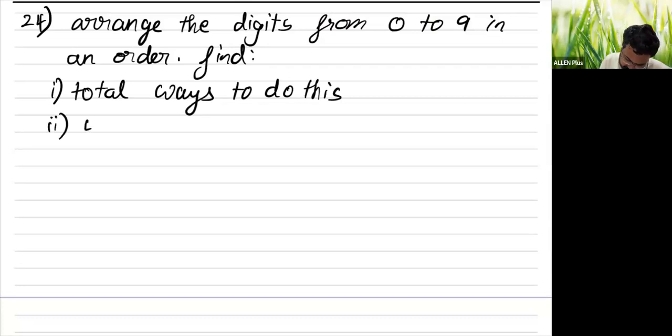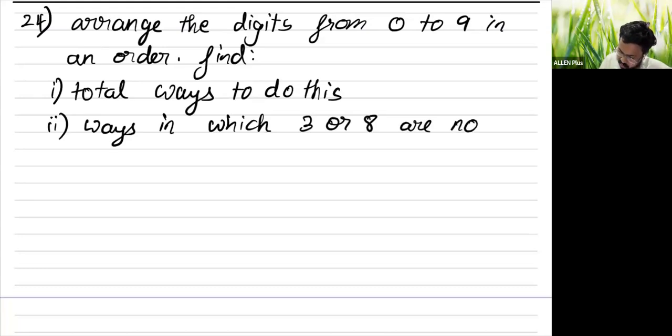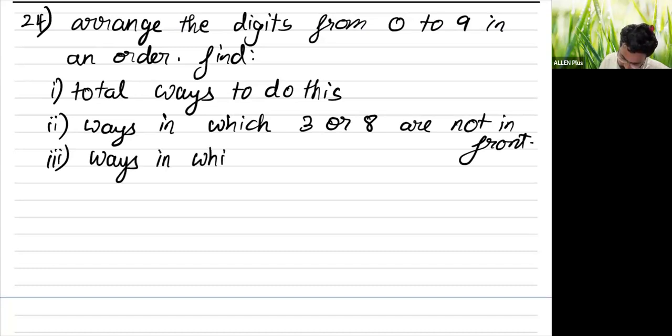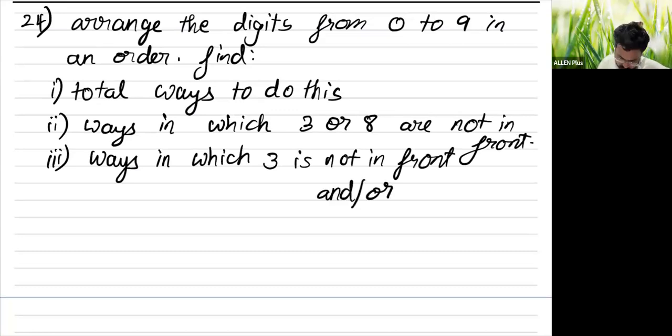Second, the ways in which 3 or 8 are not in front. Third, the ways in which 3 is not in front and/or 8 is not in the back.